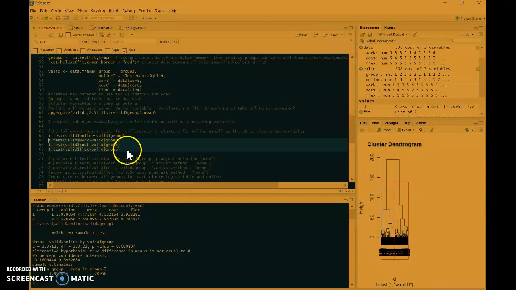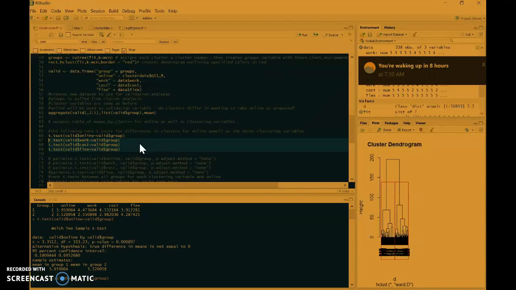Not super big though. But so we can also look at did these differences matter? So basically, were these significant in the clustering process? So we'll run all three of them. I have them highlighted, so I'm going to control enter.